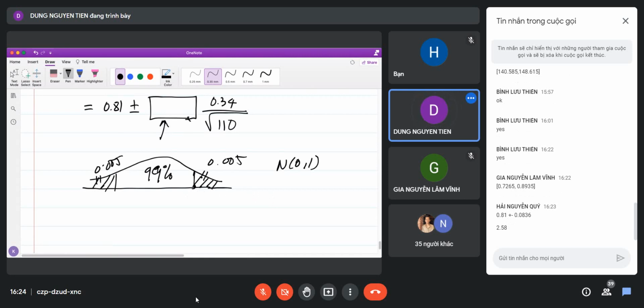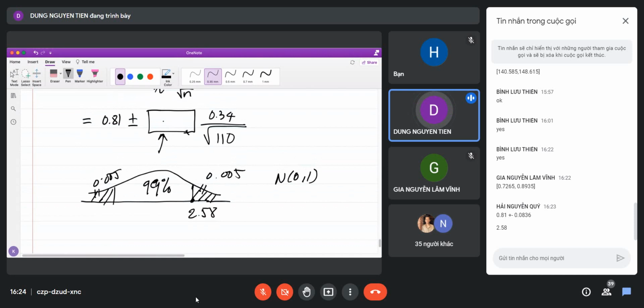The number here is 2.58. We used similar arguments before. You get 2.58 here, and you can get a confidence interval for the mean value. Is this okay, everybody? May I move on?